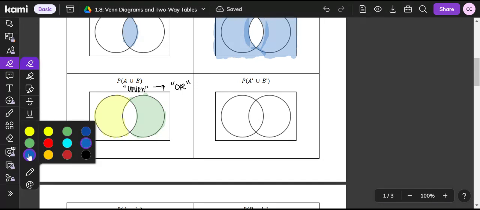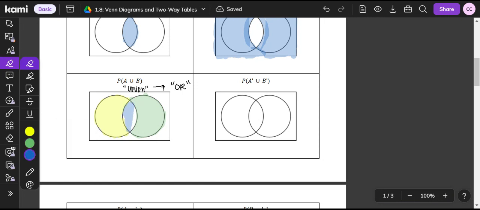And then we can actually go in the middle because it doesn't say we can't do both. It just says we're looking for the probability of A or B. This doesn't mean like A only or B only. It's A or B or anywhere where either of them touch. So it's just the circle part, not the surrounding.